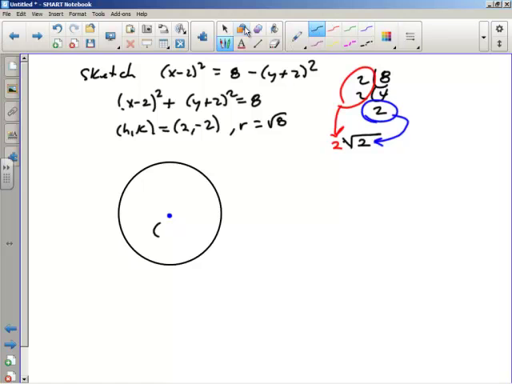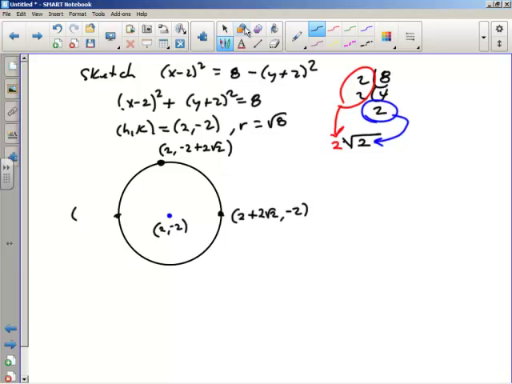The center here is 2 comma negative 2. And then I have to go to the right 2 plus the radius, 2 square root of 2, to get the x-coordinate there. And the height is still minus 2. Now I'm going to go up 2 square root of 2 from the center, so the x value is the same, and it's minus 2 plus 2 square root of 2 there.